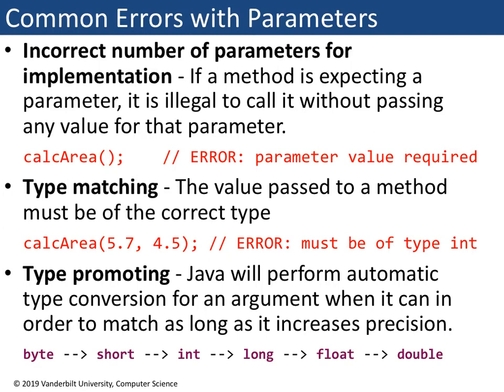So if you remember, in calc area, L and W were declared as integers. And we know from previous lectures that you cannot assign a double value to an integer without using a typecast. So very much the same.